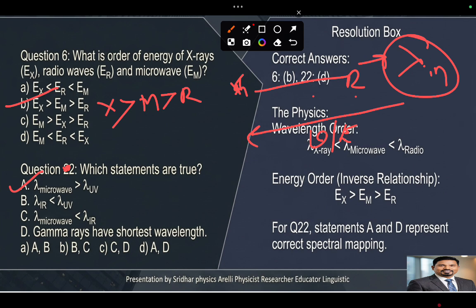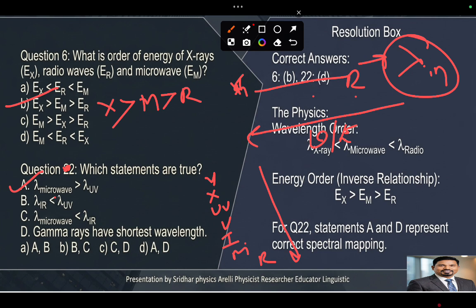Okay, this is correct. Next, IR has lesser wavelength than UV. As we know, gamma, X, UV, visible, IR, micro: from here onward wavelength is increasing.